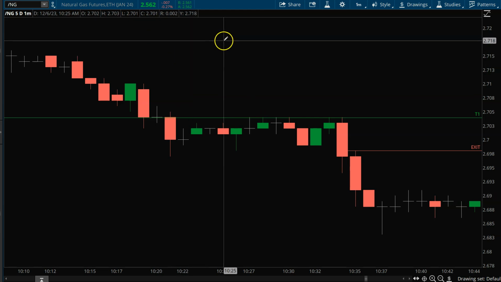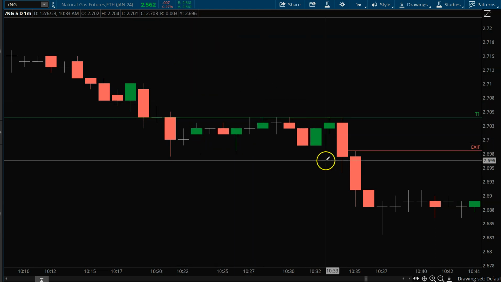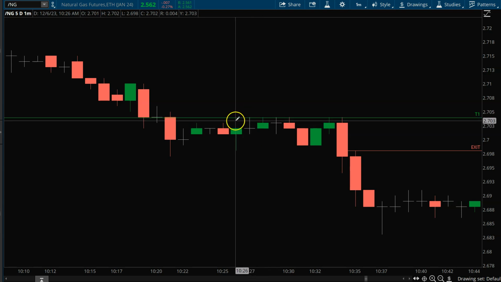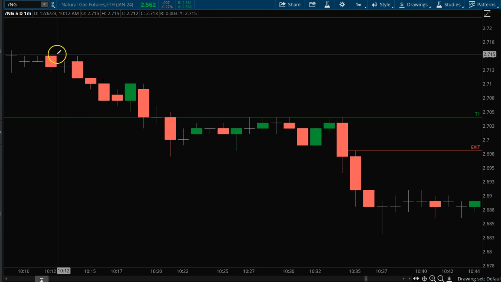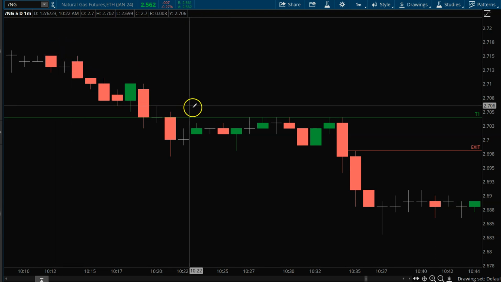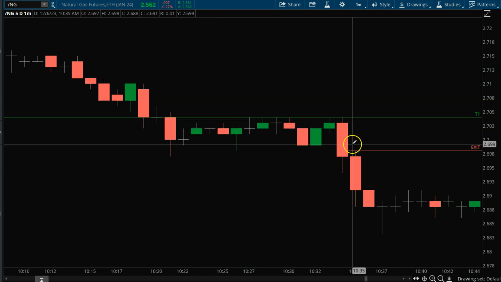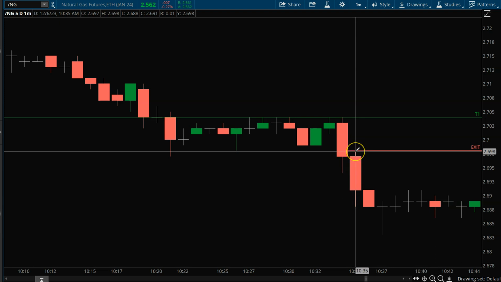As we were coming down, we had what we call a T1 and a T2 target. T1 is where the majority of my trades are going to be taking profit. But in this particular case, with the natural gas being on a strong short, and with another pattern setting up saying it can go even further, to what we call level 2, I waited until we hit level 2 and then I got out.